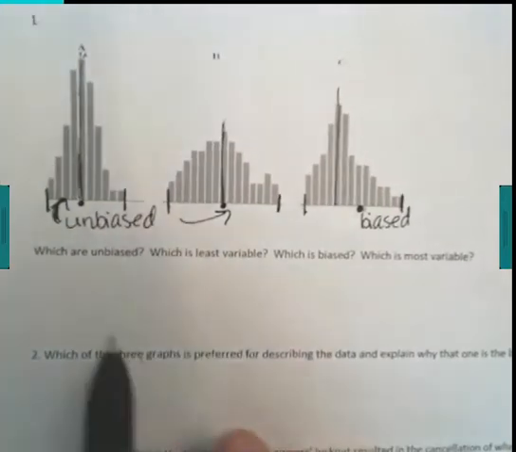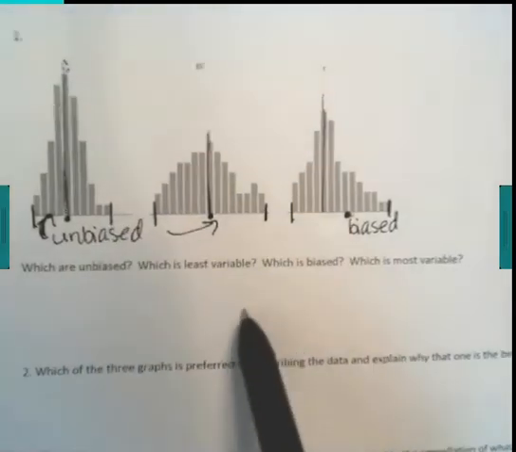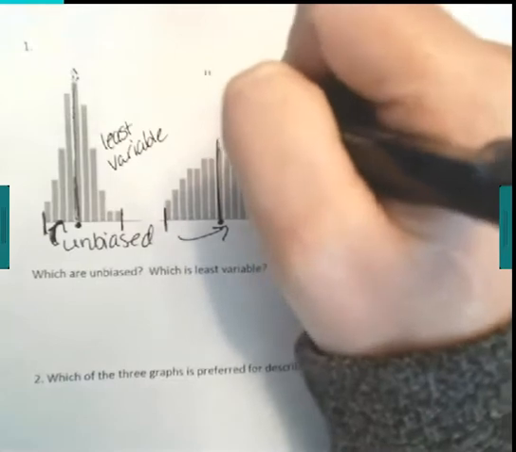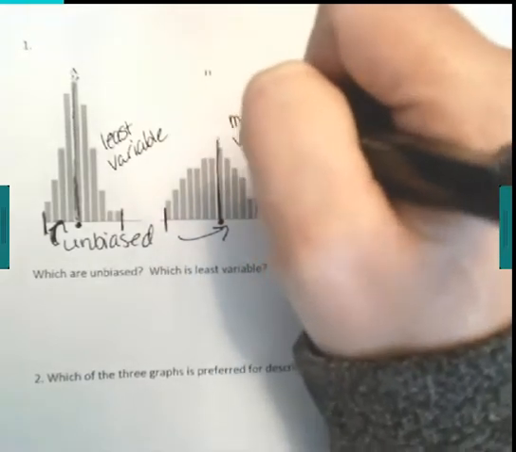But we're assuming that all these have the same scale. So this one right here is the least variable. Then I would say probably this one, and then this one is probably the most variable if I'm just eyeballing it. So this one would be least variable. This one would be most variable.